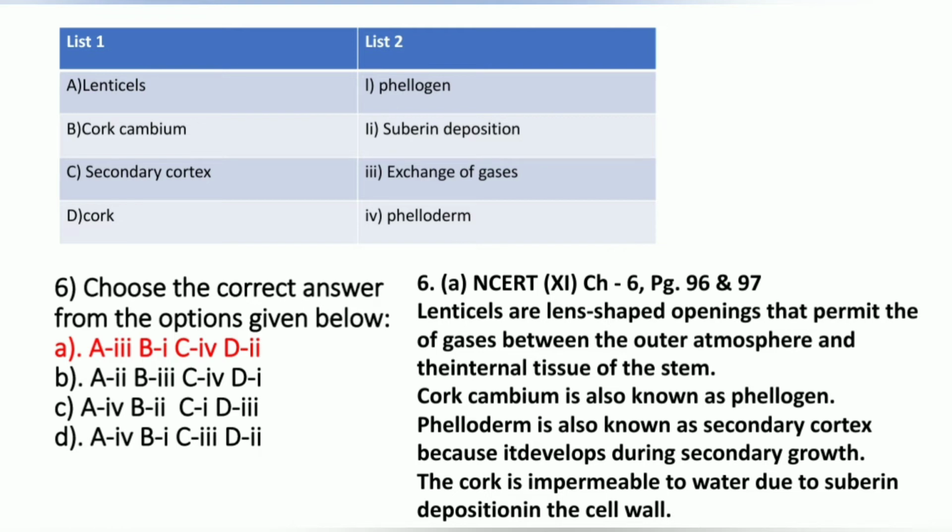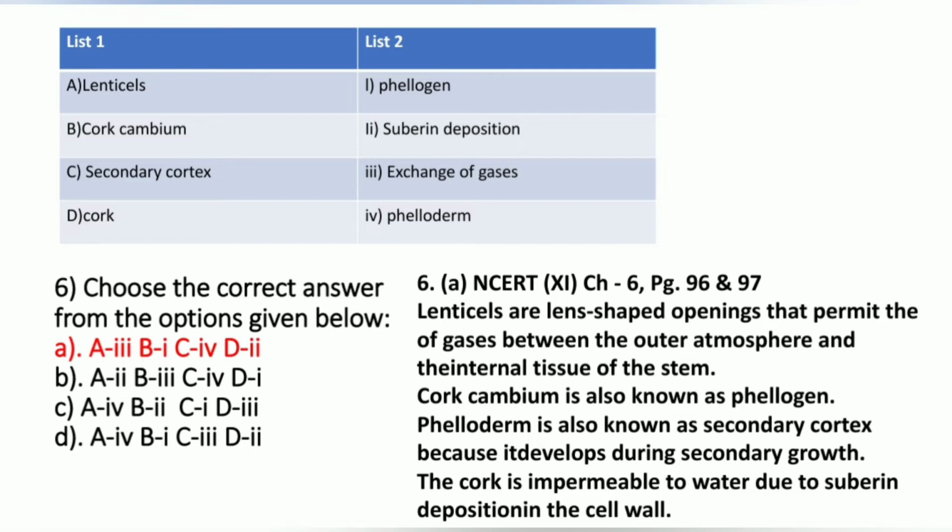6. Here you have to match the options. So let's begin. So first is lenticels and the correct option is it is used for the exchange of gases. Generally it is seen on bark of tree. Next, cork cambium. So cork cambium is also known as phellogen.